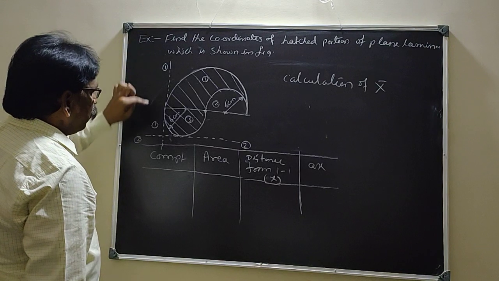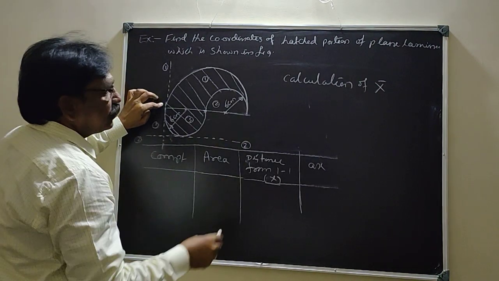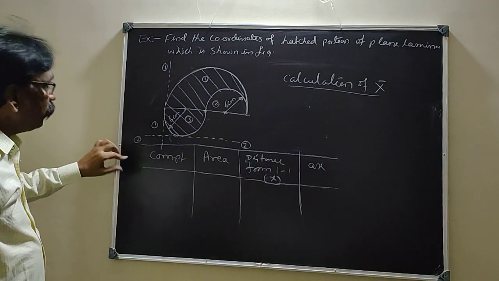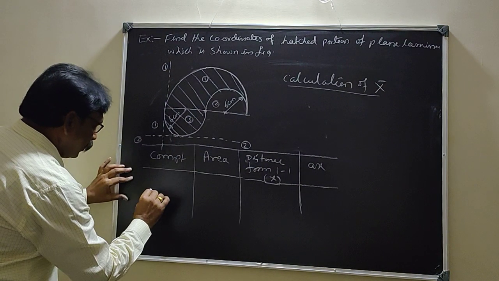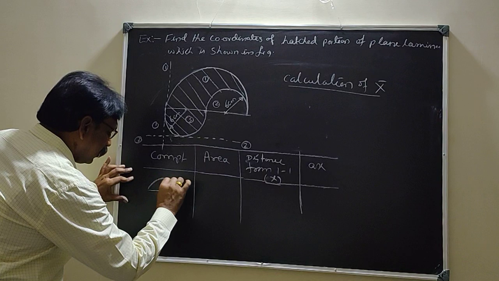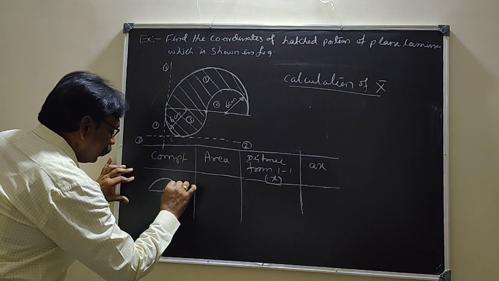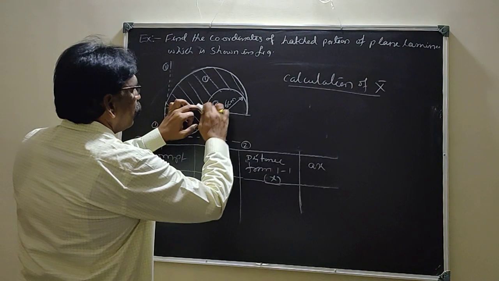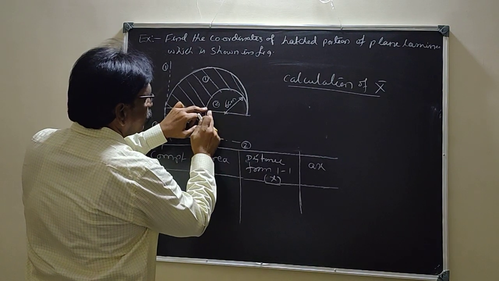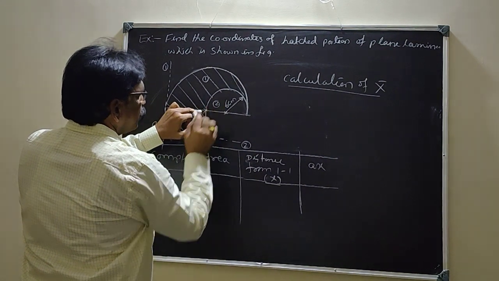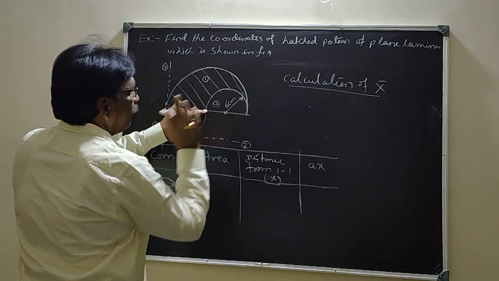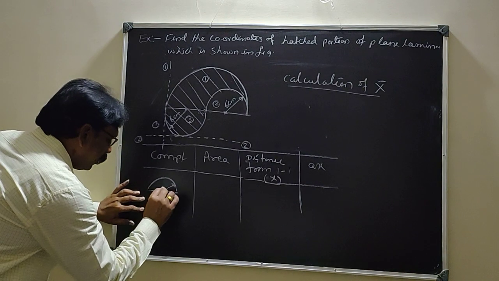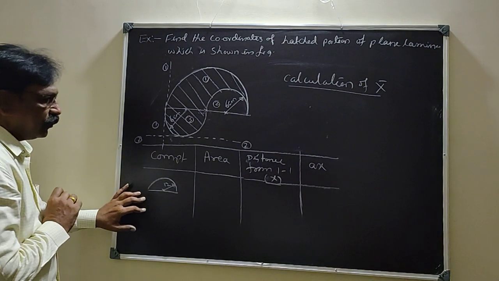Now with respect to this 1, we are going to take the measurements, that is calculation of x bar first. Now the first component we will take is a semicircle. What is the radius? It is a radius of 12 centimeter, because the diameter of the semicircle is going through the center of this one, so therefore 12 centimeter is the radius.